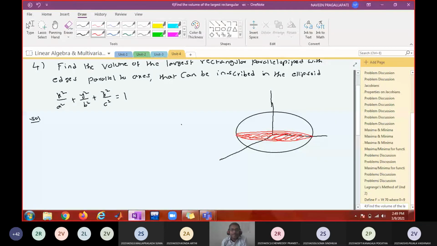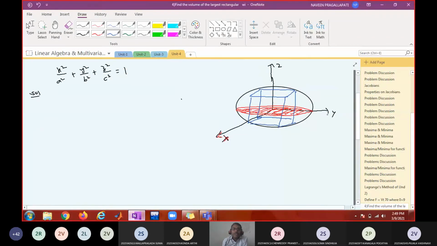Okay, so there is an ellipsoid, with x-axis, y-axis, and z-axis, and in this there is a rectangular parallelepiped whose edges are parallel to the axes.